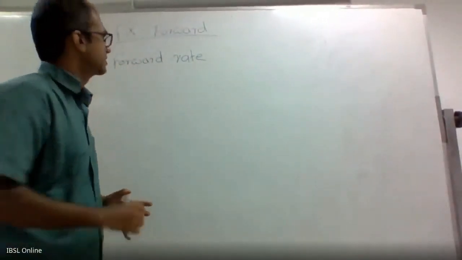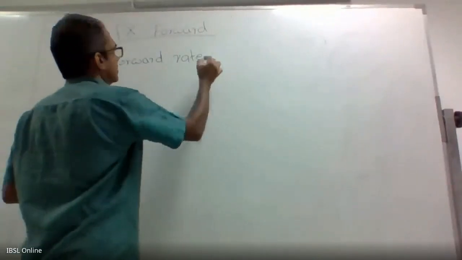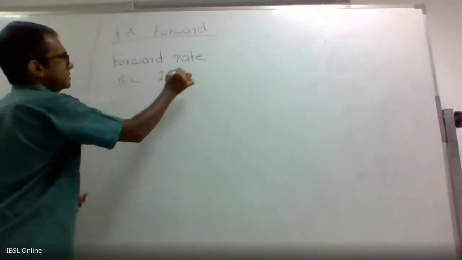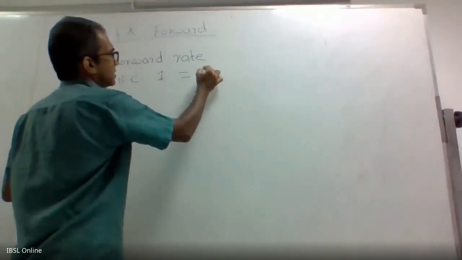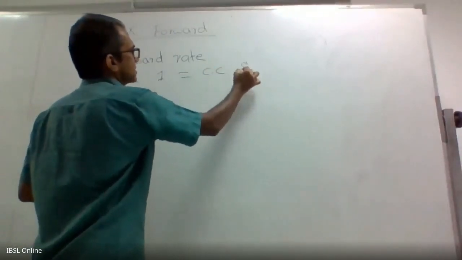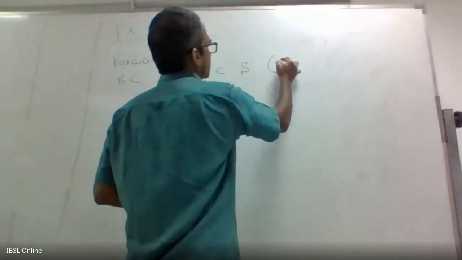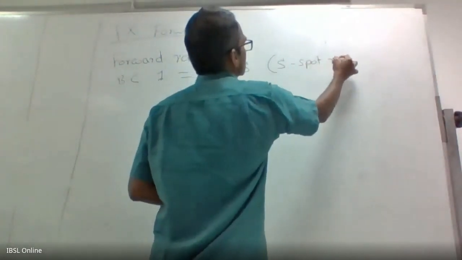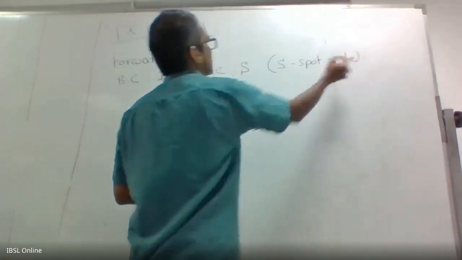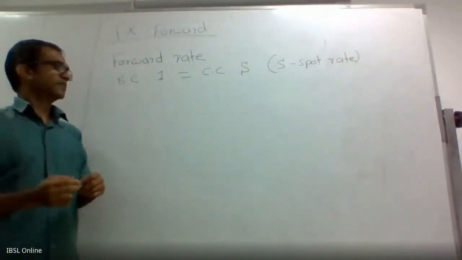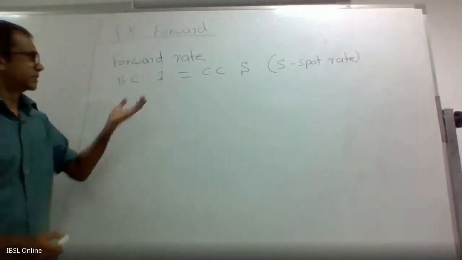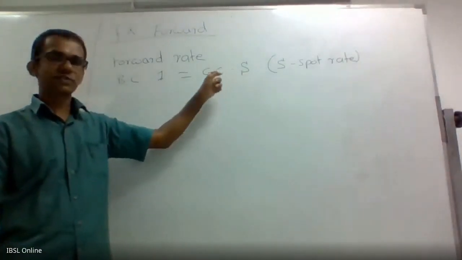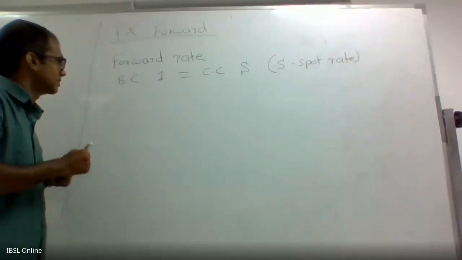If we are to generalize this, the exchange rate is 1 unit of base currency equals S, where S is the spot rate. That's how we write the exchange rate: 1 unit of base currency equals S units of counter currency.